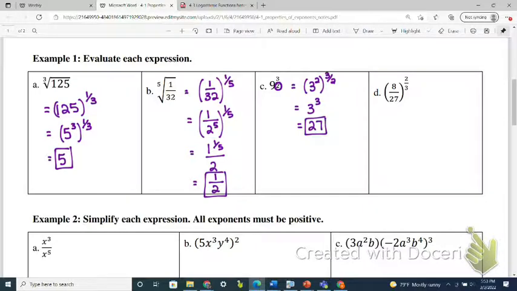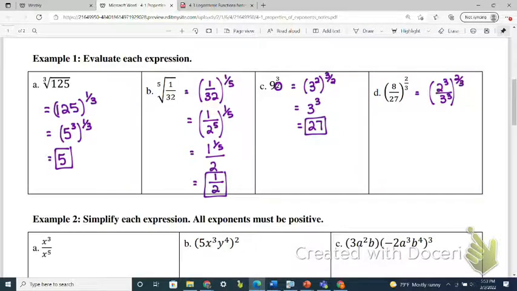And finally for this section, 8 over 27 to the 2/3. So I realize when I look at this, 8, I can rewrite as a power of 2. 27, I can rewrite as a power of 3. So I'm going to do that. So this becomes 2 to the 3rd over 3 to the 3rd, all raised to the 2/3.